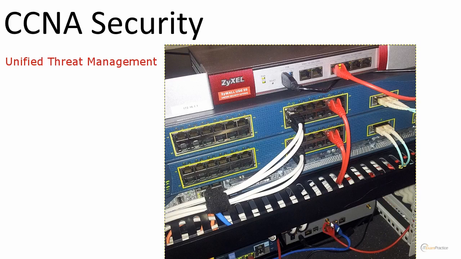The red one goes to my ISP and the blue one goes to, no, I'm lying to you, sorry. The blue one goes to my ISP, to be more specific to the ASA, and the red one goes to my LAN, local area network, and that's all I have on this device.